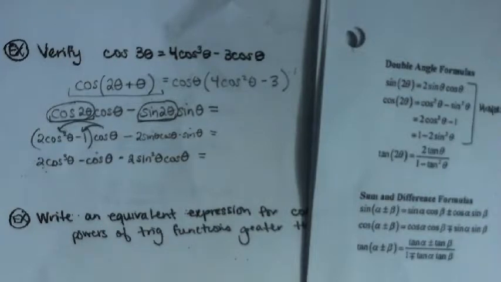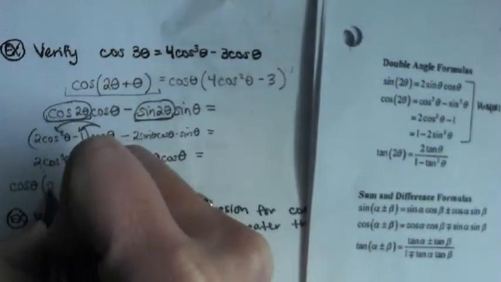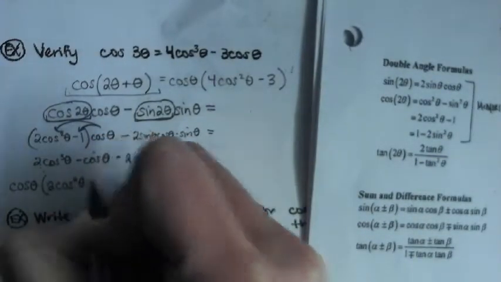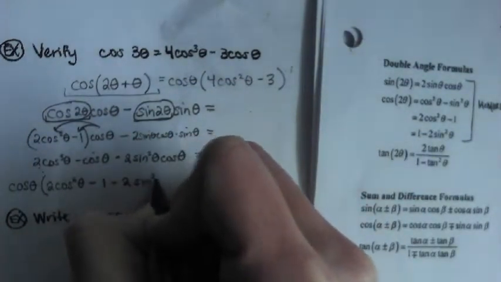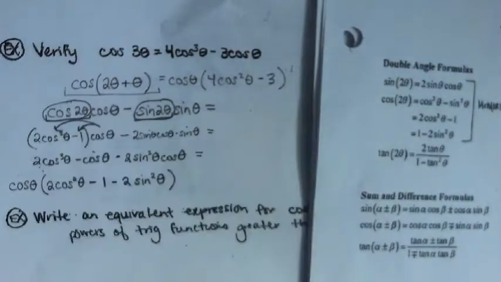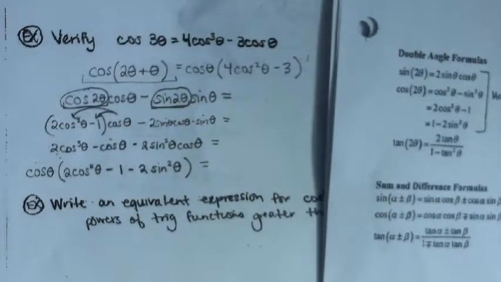What can I do? Factor out a cosine. So if I take out a cosine theta, I'm left with 2 cosine squared minus 1 minus 2 sine squared. What do you think of that? Say it one more time.